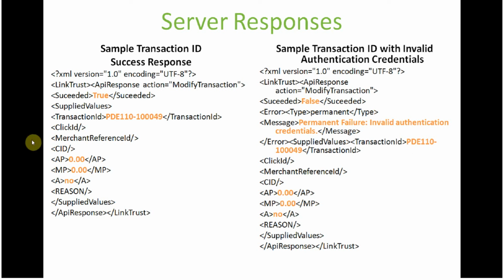For example, the transaction ID, click ID, or a combination of merchant reference ID and campaign ID. We've also highlighted all the other important areas in a server response. Whether or not the modification was successful, the transaction ID or merchant reference ID or click ID that was associated with this transaction, and what attributes were actually changed for the transaction.